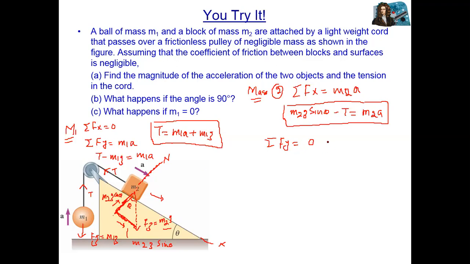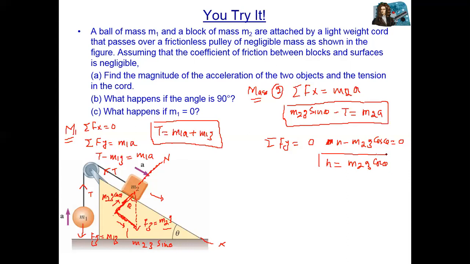So I will write N minus m2 into g cosine theta is equal to 0. You can transfer to the other side, so N is equal to m2 into g cosine theta. This equation is for the normal force.